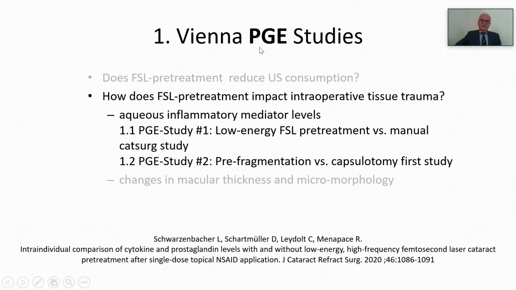So there are two PGE studies performed, comparing the postoperative prostaglandin levels after low-energy femtosecond laser pretreatment cataract surgery versus pure manual surgery, and one investigating pre-fragmentation first versus capsulotomy first.